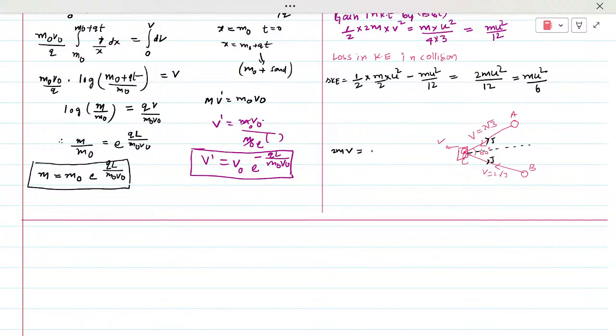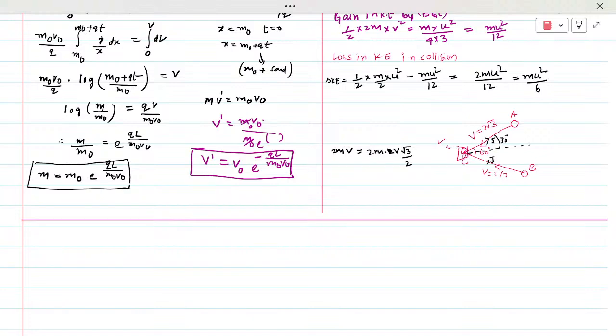2mv is equal to, so both are identical particles, therefore 2m into... so this is 60, which means symmetrically 30 degrees will come. Therefore, 2m into v cos 30. Cos 30 means root 3 by 2.